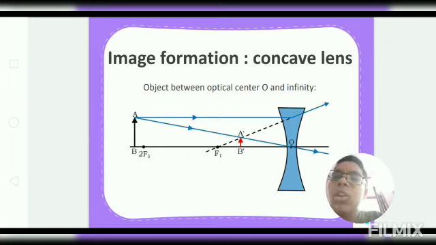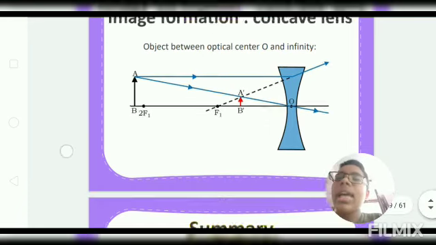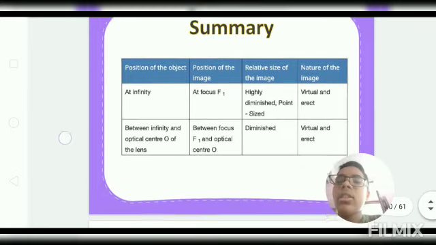In a concave lens, the rays are dispersing, so we have to take them back. We take the parallel ray backwards and let it meet at the point F1. Both of the rays meet at the point A dash, and this is the place where the image is formed.